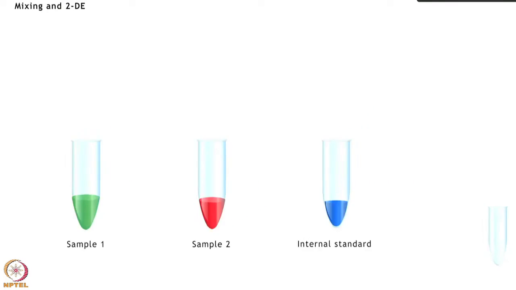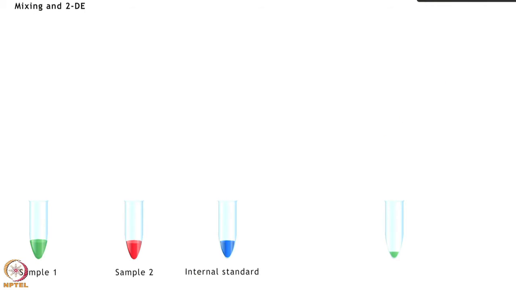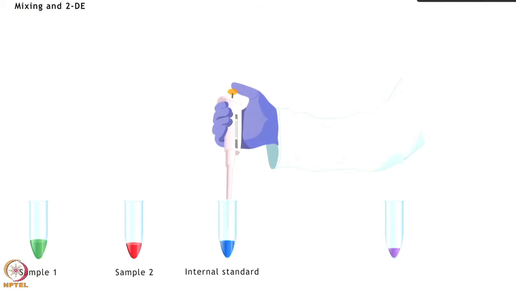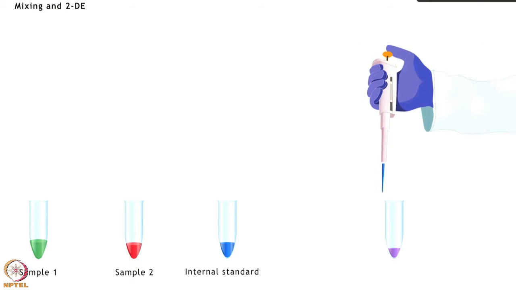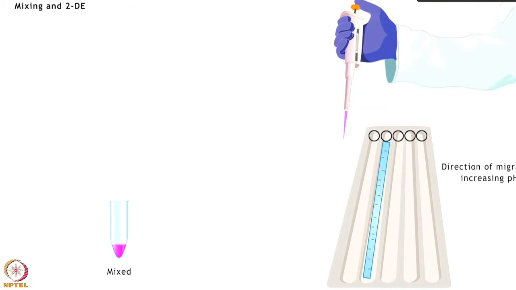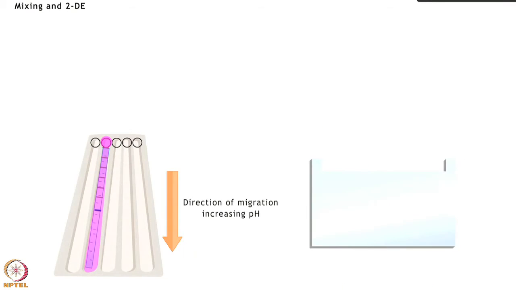The labeled protein samples are mixed and run on a single 2-DE gel. Separation takes place on the basis of isoelectric points of the proteins in one dimension and based on molecular weight of the proteins in the second dimension, with the smaller proteins migrating further along the gel.